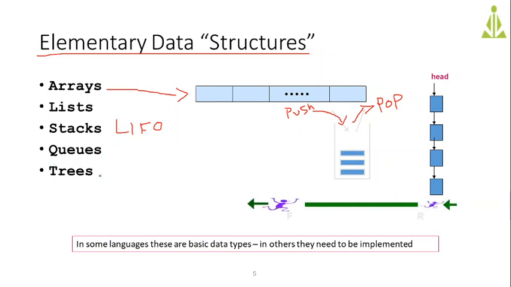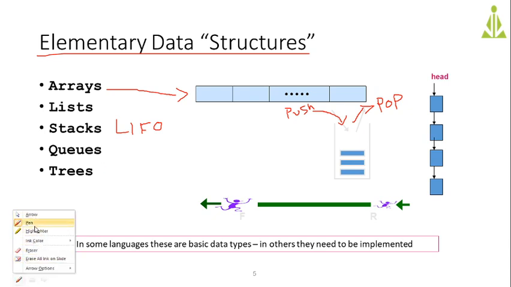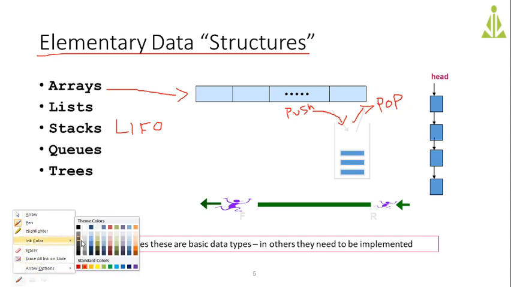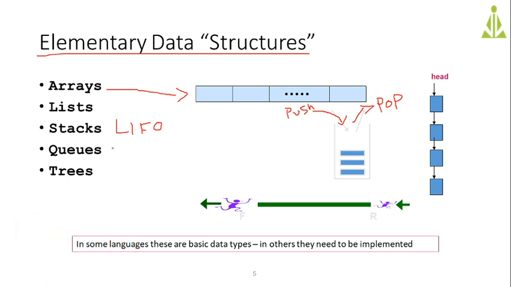Next one is queue. A queue follows FIFO, first in, first out, which means the first person who enters the line is the first to come out of that line.